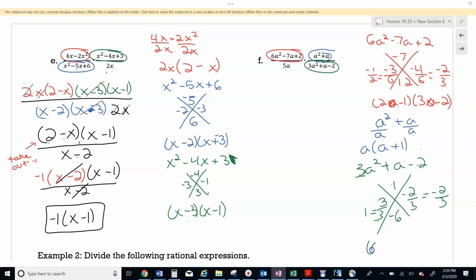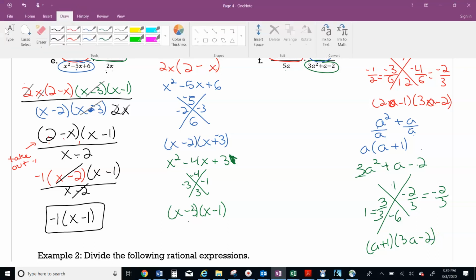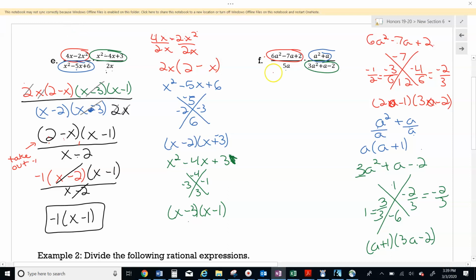So that's a plus 1 and 3a minus 2. Okay, writing all of my numerators. My numerators are red and blue. So I have 2a minus 1, 3a minus 2, and then I have an a.